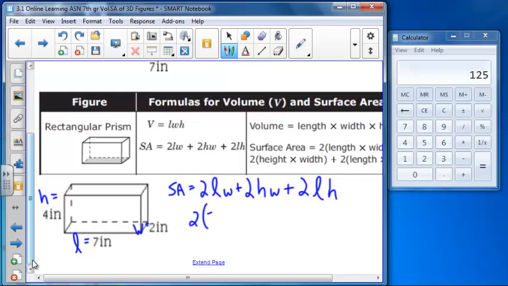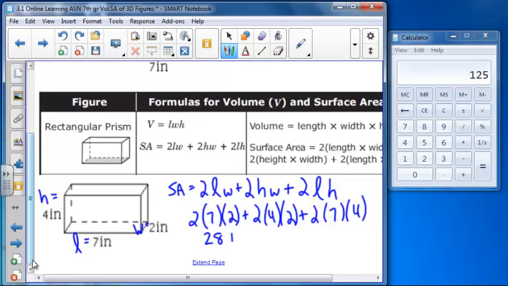So let's begin substituting. The length is 7, the width is 2. The height is 4, the width is 2, the length is 7, and the height is 4. 2 times 2 is 4, 4 times 7 is 28, 2 times 4 is 8, 8 times 2 is 16, 2 times 7 is 14, and 14 times 4 is 56.